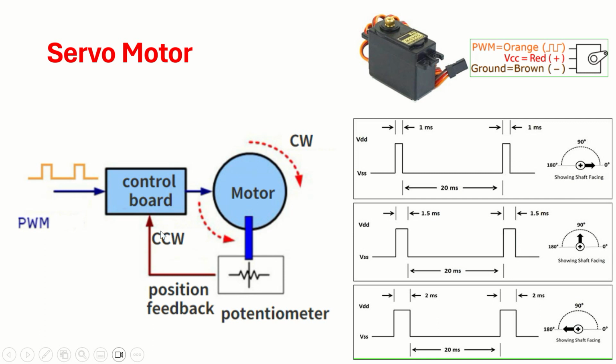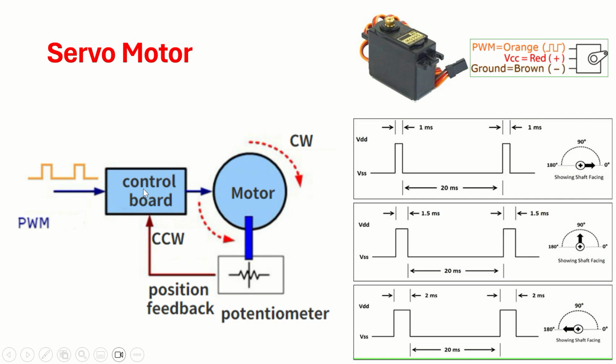You can see some gears are there. So there is a control board inside the motor, and there is a reference voltage called a potentiometer. So whenever you apply a pulse, this control pulse is applied to the motor. The motor will start rotating clockwise or anti-clockwise, and correspondingly the potentiometer also rotates.